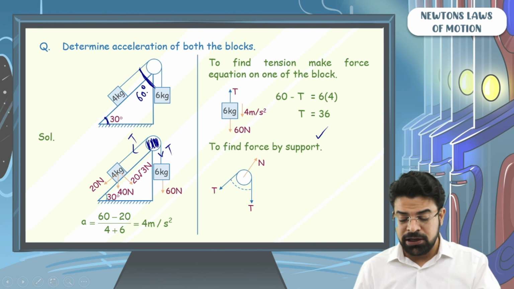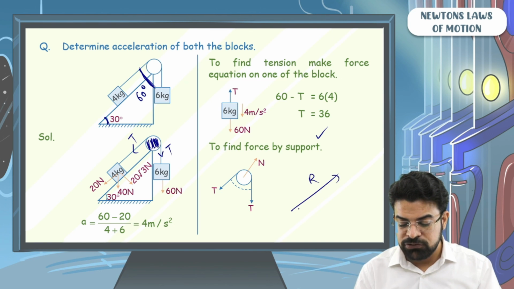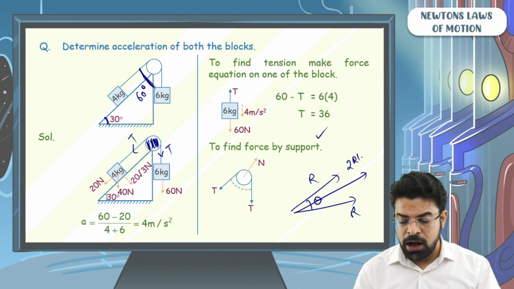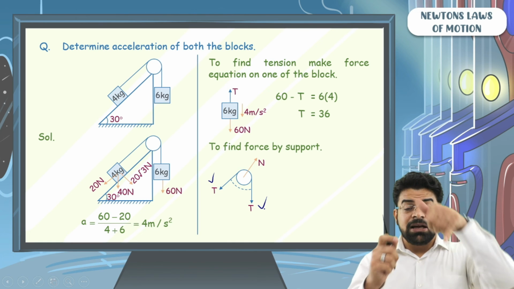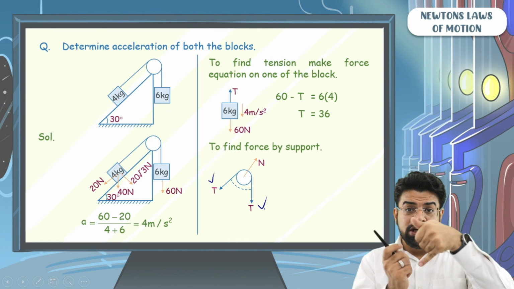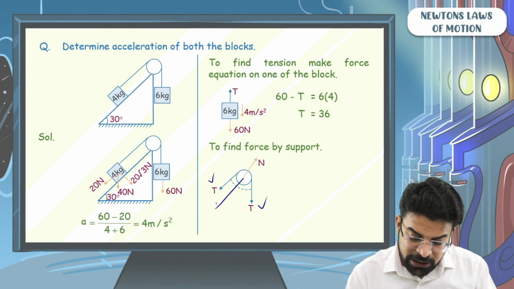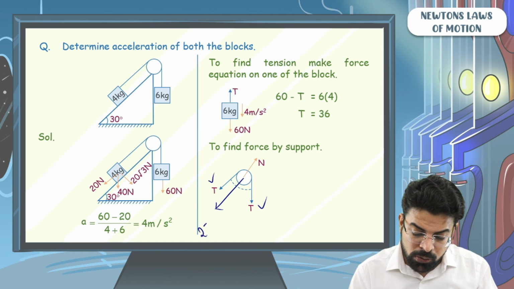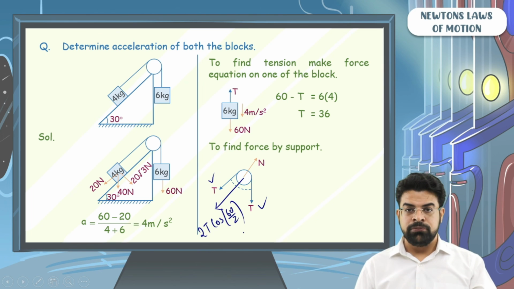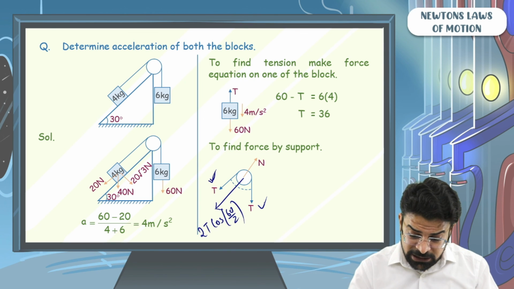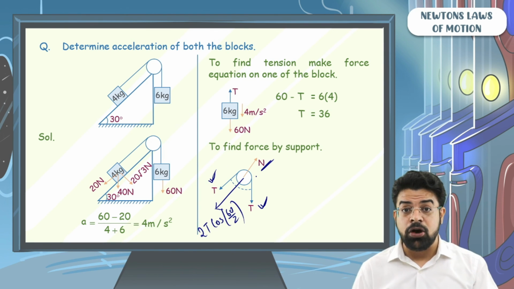I have already taught you, if you have got two vectors of same magnitude R and R inclined at angle theta, then their resultant comes out to be 2R cos theta by 2. Here you have got two forces of tension inclined at angle of 60 degrees. So their resultant will be nothing but 2T cos 60 by 2. And the resultant of these two tensions has to be equal and opposite to normal.